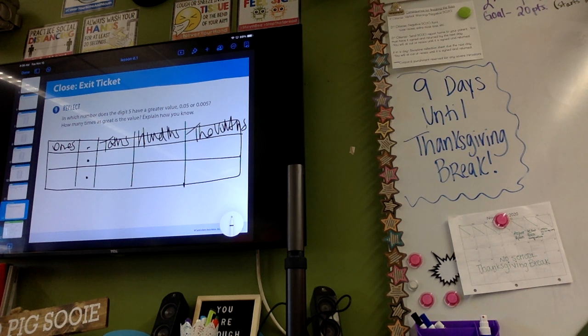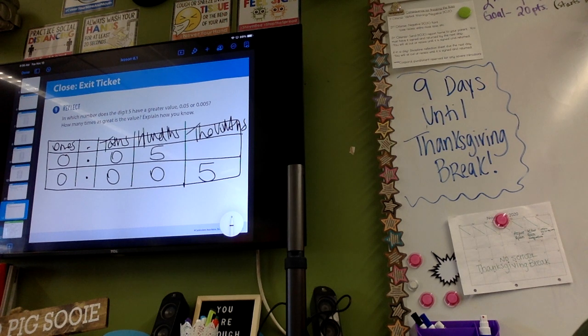All right, so it says my first number is 0.05, so I'm going to write 0.05 in my place value chart. My second number is 0.005. Now, remember at the beginning of the year, we looked at place value charts.